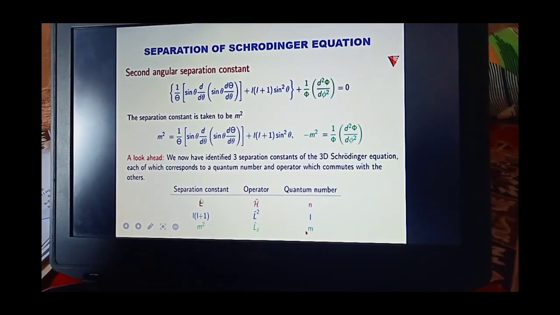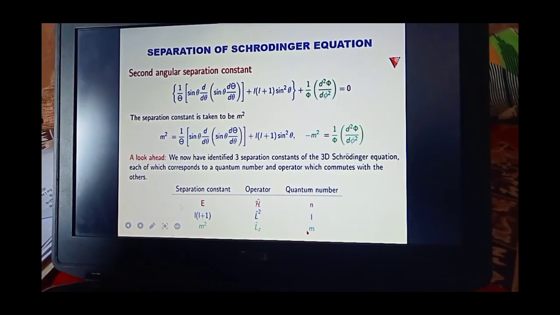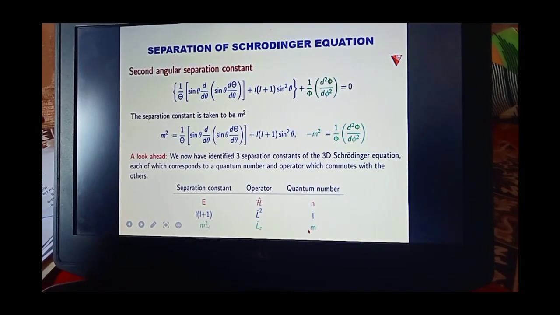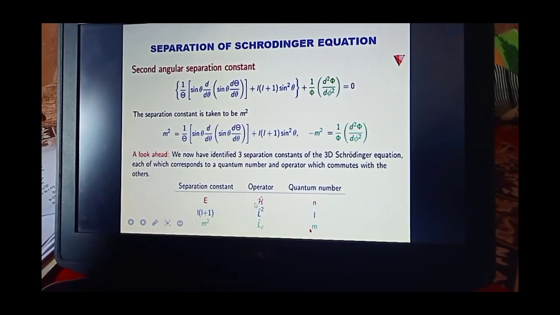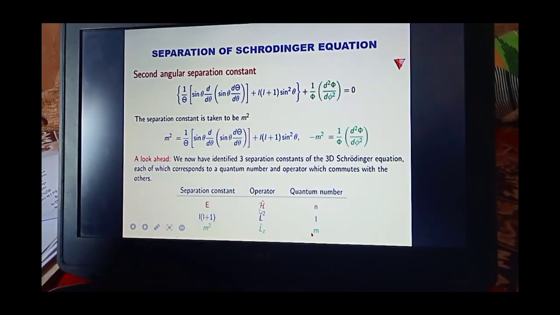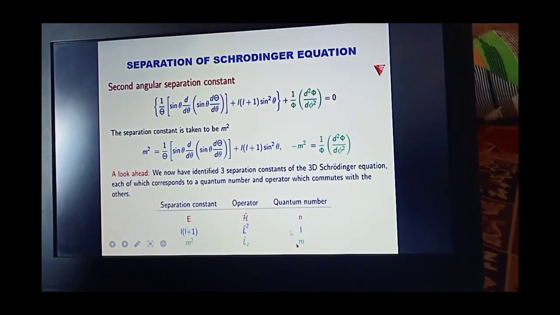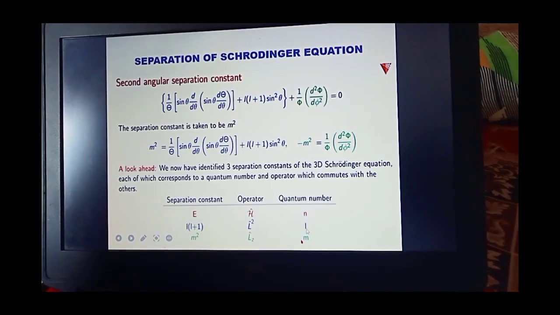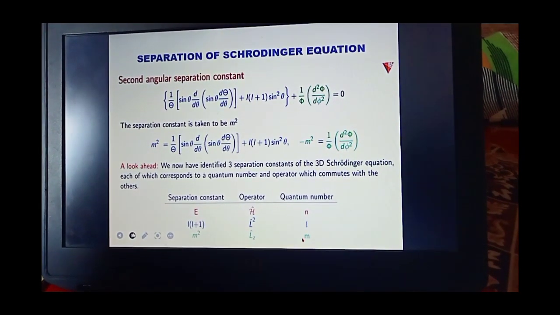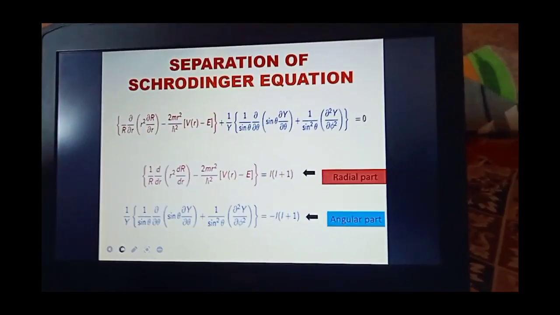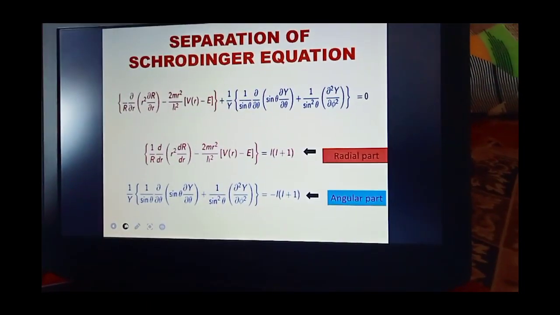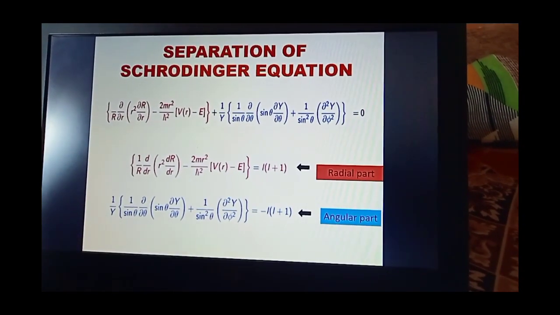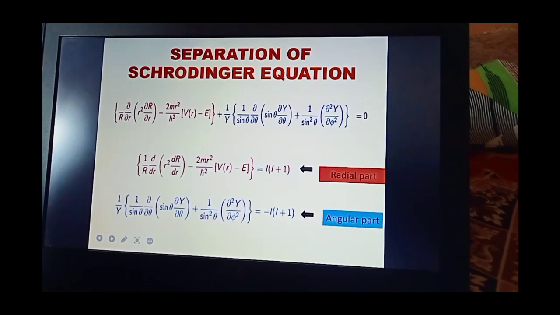Here in the derivation we take three constants: E, L(L+1), and m². The operators are with respect to the separation constants H, L² and Lz, and the quantum numbers are N, L and M. In our last slide, this is the conclusion of the derivation: separation of the Schrodinger equation into radial and angular parts. This is our result.